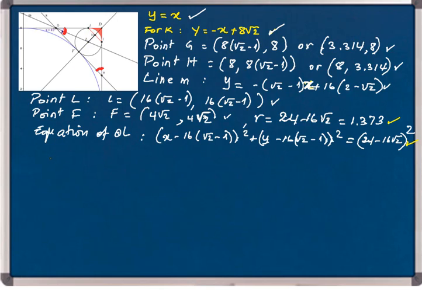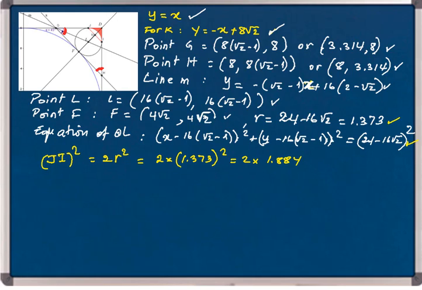So we can say that JI squared is equal to R squared plus R squared. That means JI squared is equal to 2 times 1.373 squared, which is 2 times 1.884.